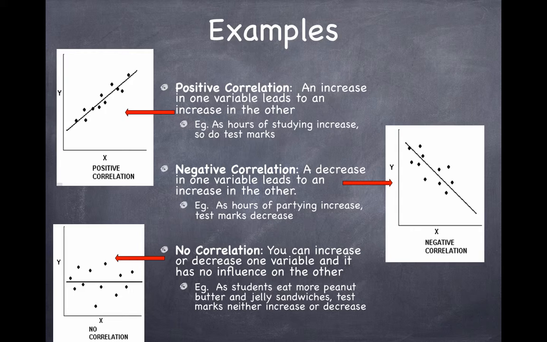Whereas in a negative correlation, a decrease in one variable leads to an increase in another. In that example, as hours of partying increase, test marks decrease. And no correlation would be when you can increase or decrease one variable and it seems to have no influence on the other at all. As students eat more peanut butter and jelly sandwiches, test marks neither increase nor decrease.